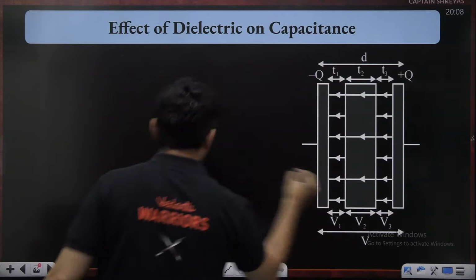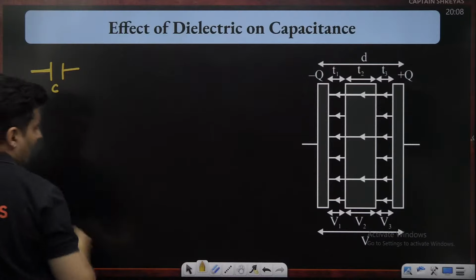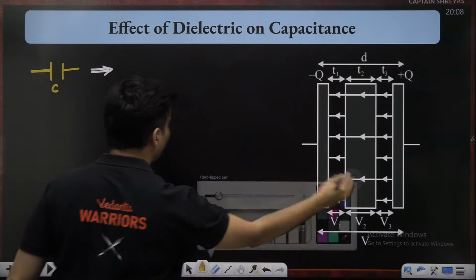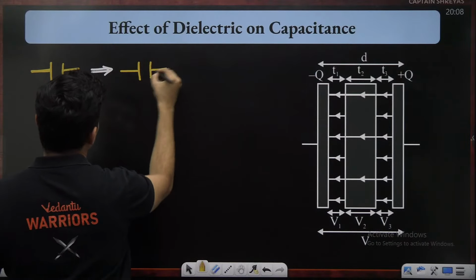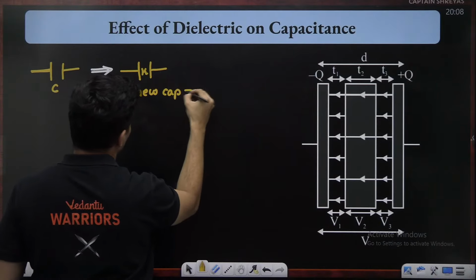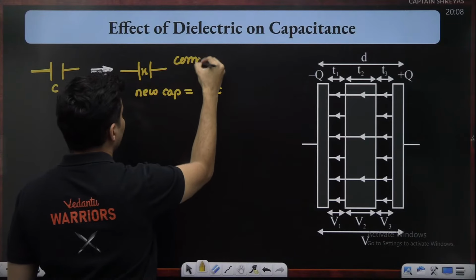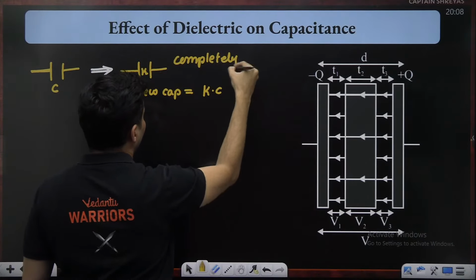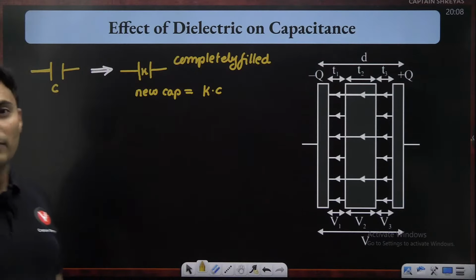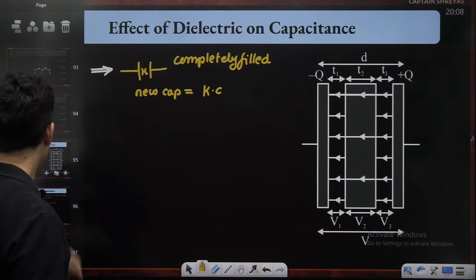We know one thing though, if there is a capacitor and you completely fill it with a dielectric medium, then the new capacitance is basically K times C. But the moment it is not completely filled, that's when the problem happens. So let's see if there is a formula for that.